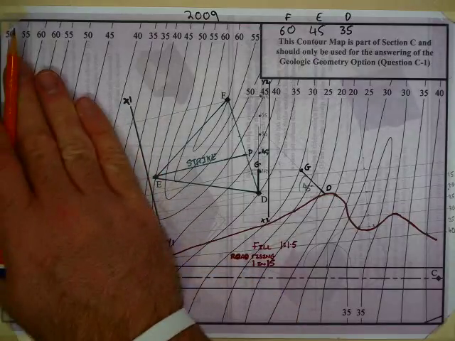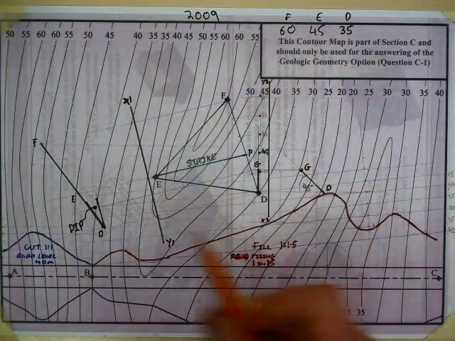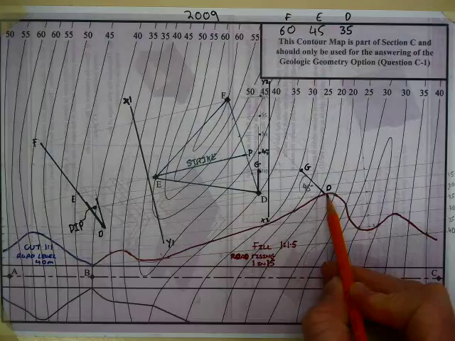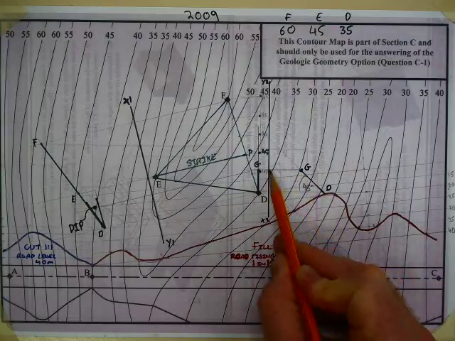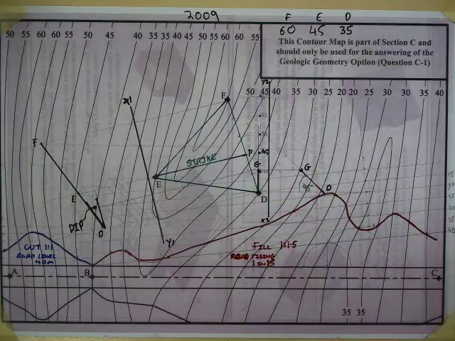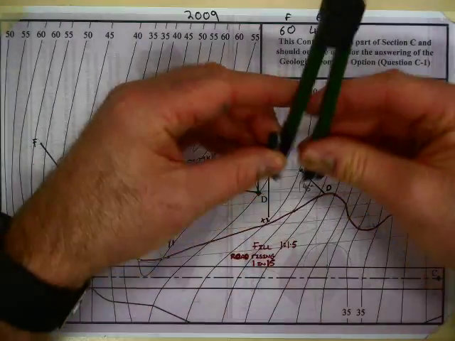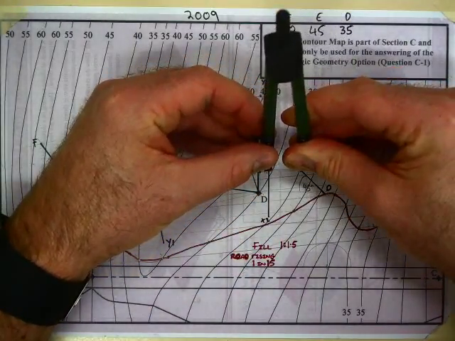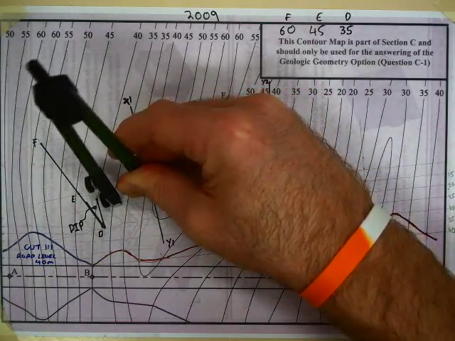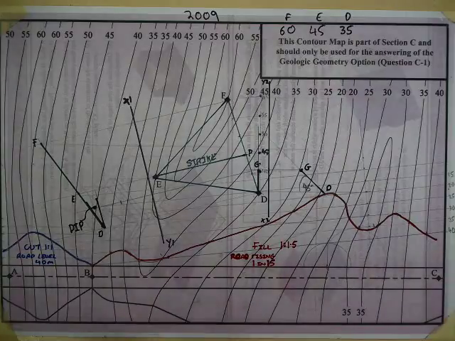Remember, this is an elevation now, and this view here was an elevation. D is up 35 here, and D was up 35 here. So what will I do with the height of G here? It's going to be the same. So I get the height of G on my compass here, or the point that's 20 mil below D, and I mark it up here. That there is point G.